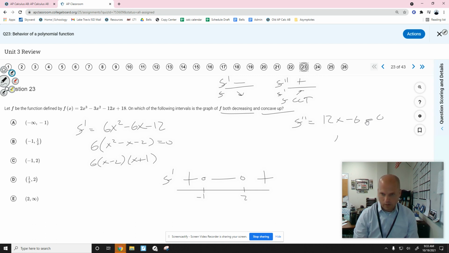Set that equal to 0. Add 6, divided by 12, I get x equals 1/2. So my second derivative sign analysis centers at 1/2. Negative, positive, using this, f double prime. All right. Here's where f is decreasing. Here's where f is concave up. That's when f prime is increasing. When are we doing both? Between 1/2 and 2.